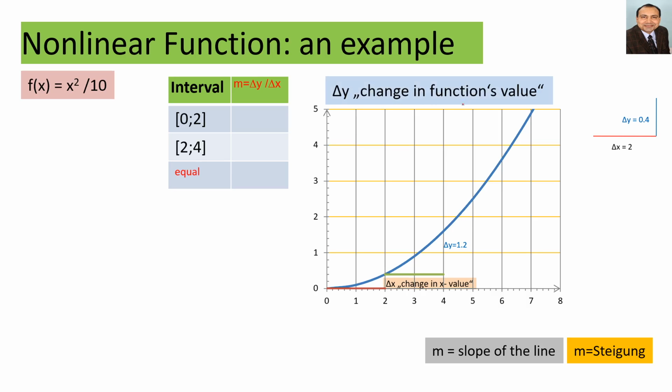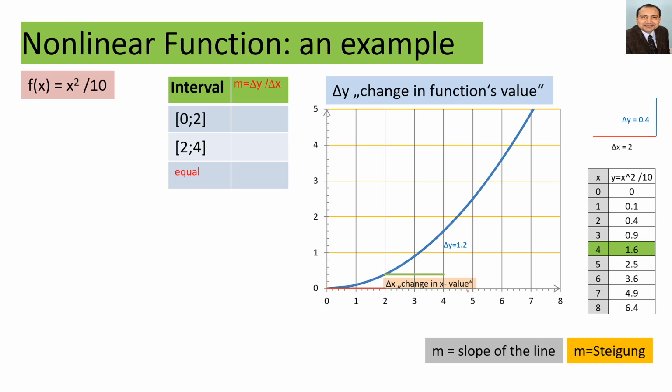Delta y is the change in the function's value, delta x the change in x value. In the table, the values of x from 0 to 8 are independent values, and the value of the function is dependent on the value of x. These dependent values are calculated in Excel, or you can calculate with your calculator.